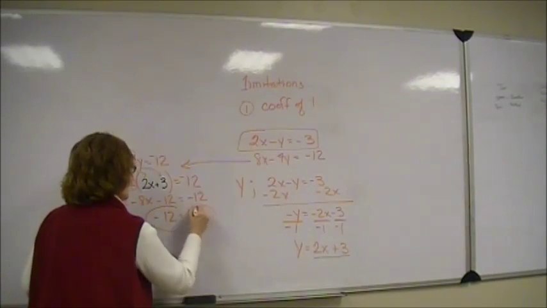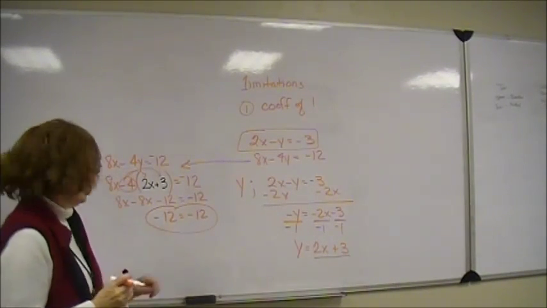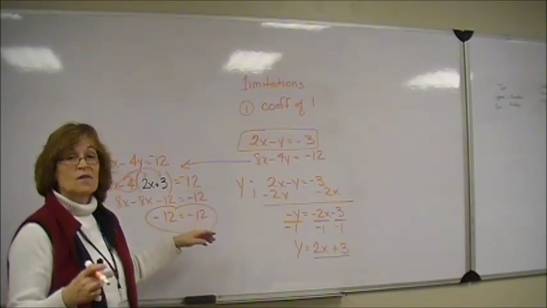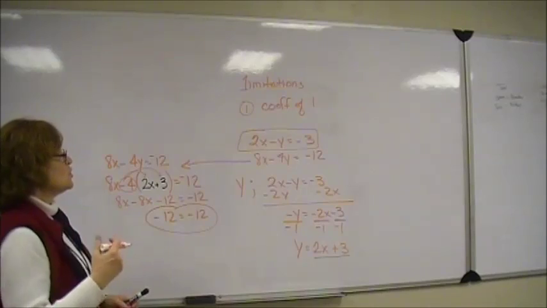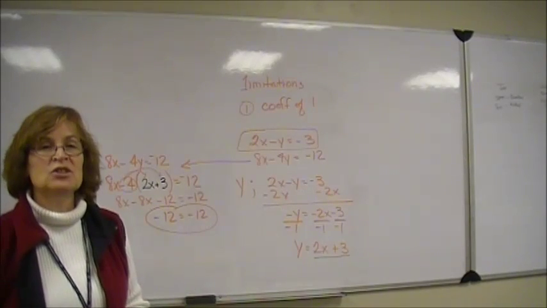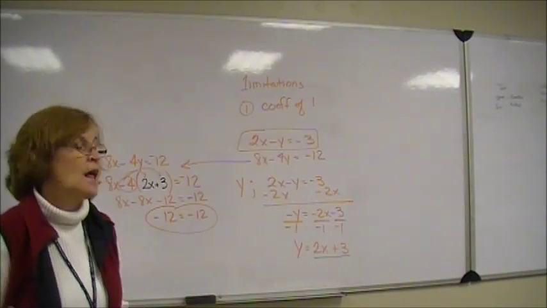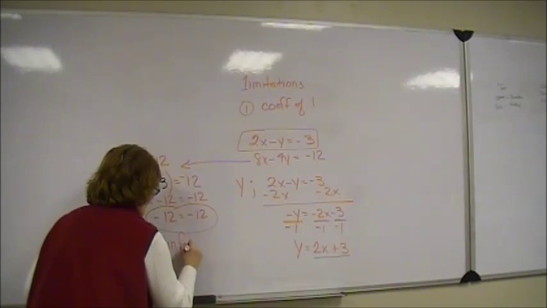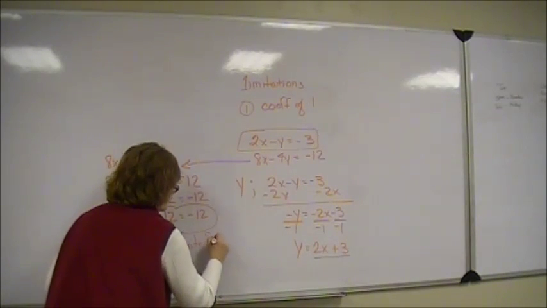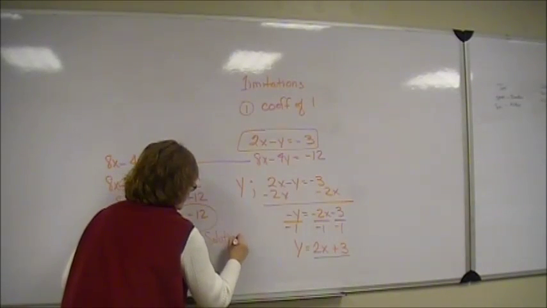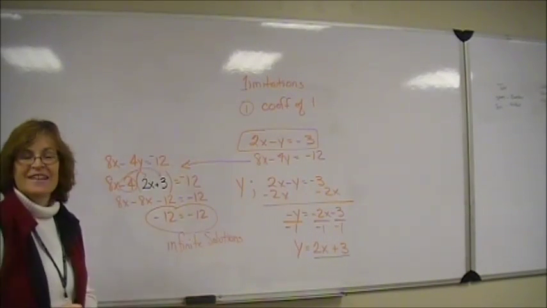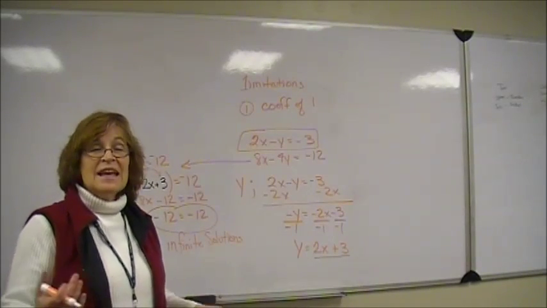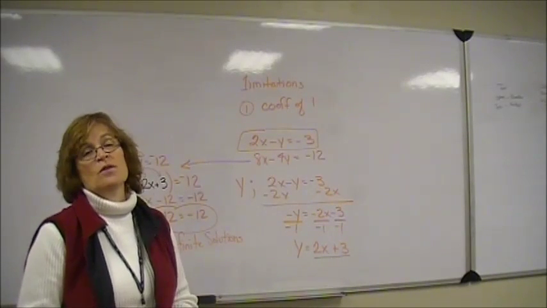If I ever get where my left side is equal to my right side without a variable, that means those equations are the same line. So therefore, I would have infinite solutions. And I don't have to do anything more, because I can't list every ordered pair that would make that true.